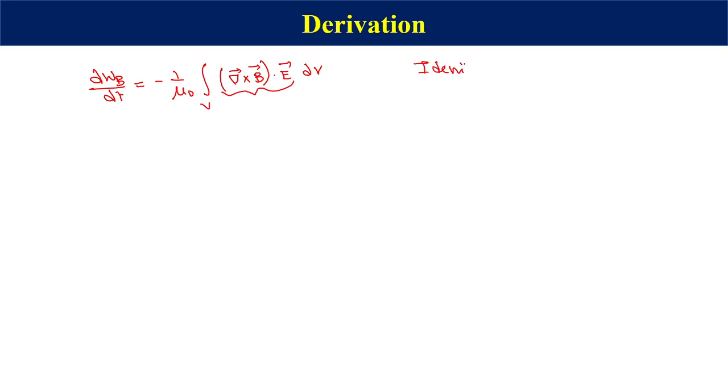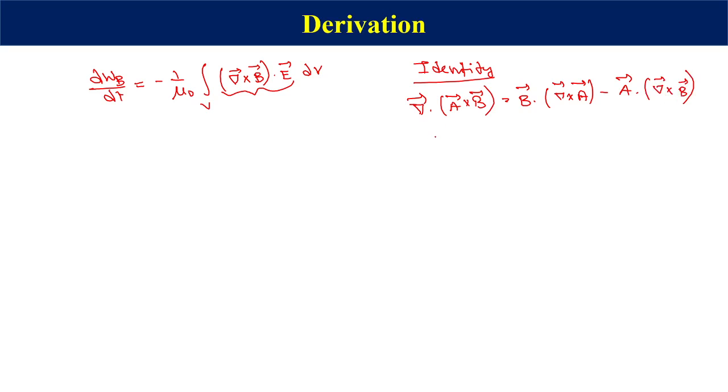There is an identity in vector calculus that del dot A cross B is given by B dot del cross A minus A dot del cross B. So in this case we can get this particular thing, A dot del cross B, which is equal to B dot del cross A minus del dot A cross B.